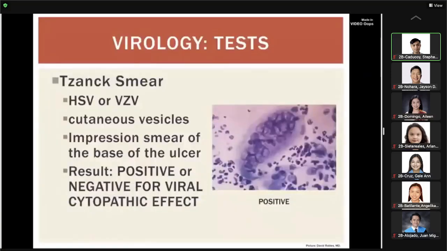For virologic tests, Tzanck smear. So ito ay nire-request for patients with cutaneous vesicles suspected of having infection with herpes simplex virus or varicella zoster virus. Those vesicles, they typically rupture, at pag nag-rupture yan, na-expose yung ilalim niya, yung base, which is slightly depressed, kaya parang ulcerated.